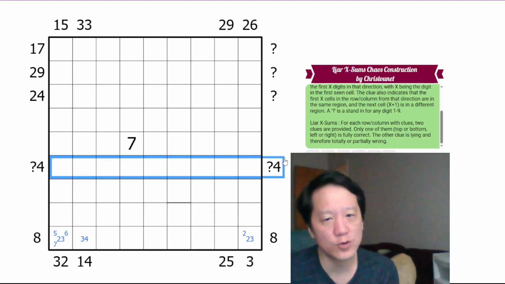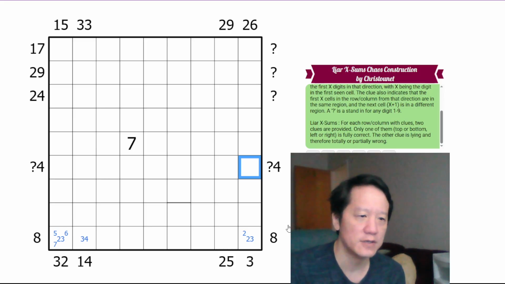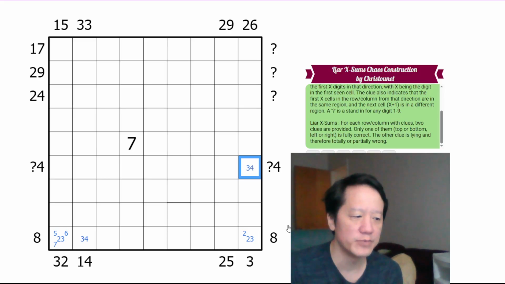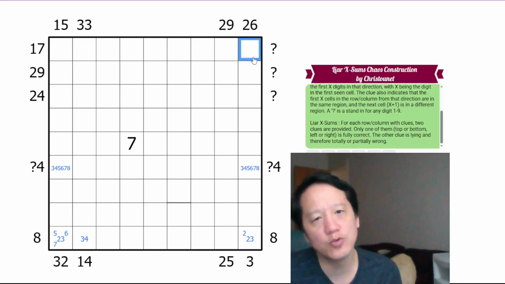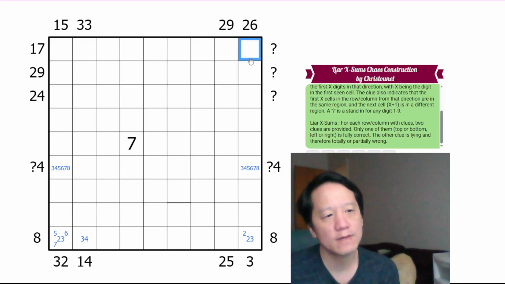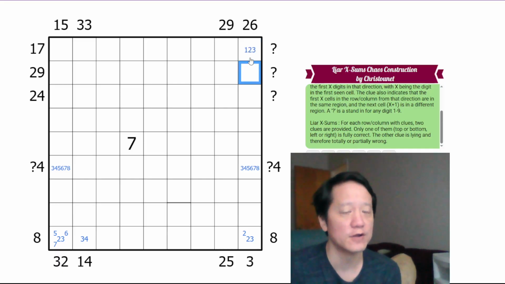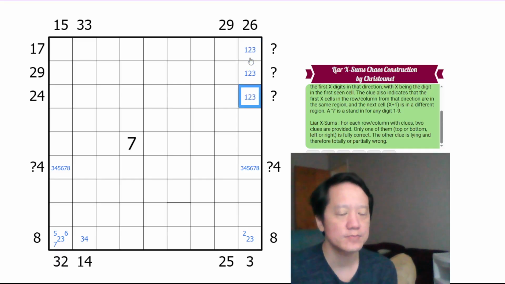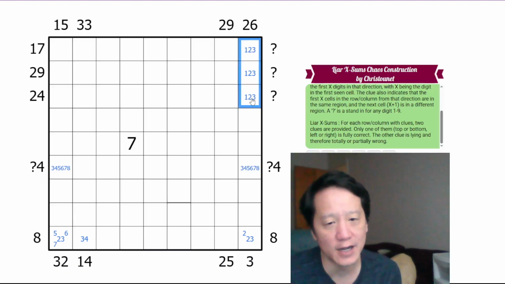This is at least 14 here, so this has to be 3, 4. It could be up to 4. So 3 through 8, and the same through this, 3 through 8. For the question marks, it can be 1 through 3. But obviously, any of them could be lying.